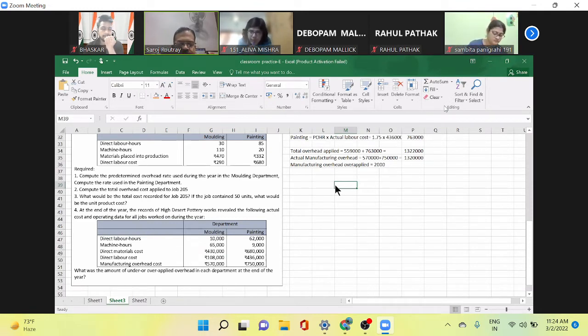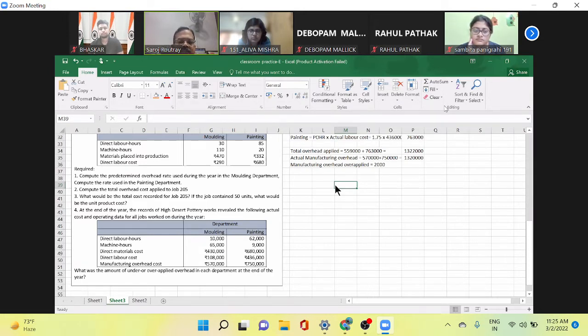The problem is that when we apply this manufacturing overhead, the moment the goods are in work in progress stage... Okay, if you recall the cost flow, material and labor, and then manufacturing overhead is applied to work in progress. And if it is completed, that becomes finished goods. And it is not necessary that all the goods will be completed.